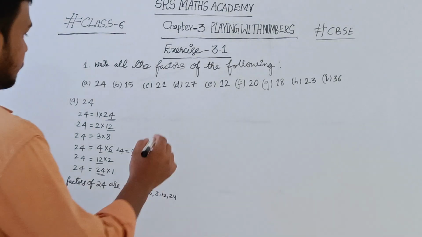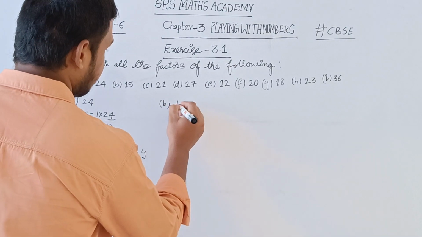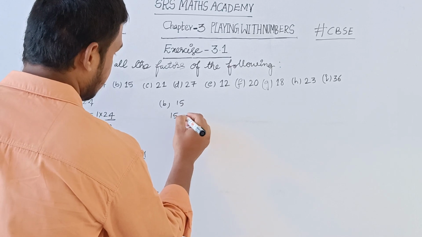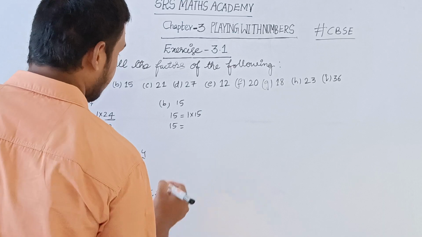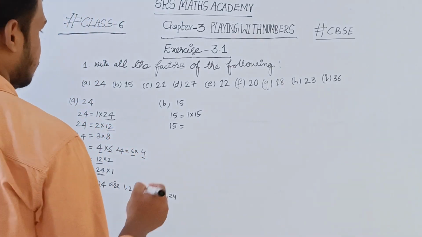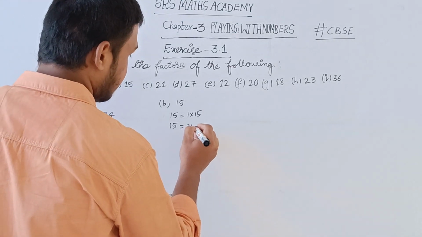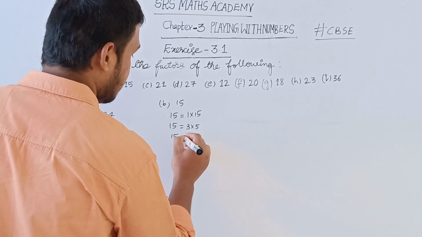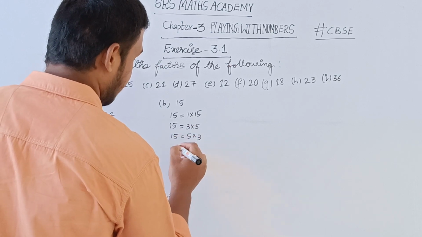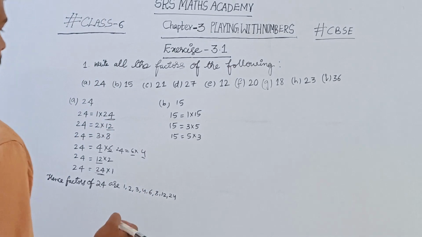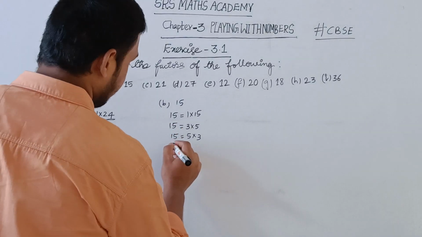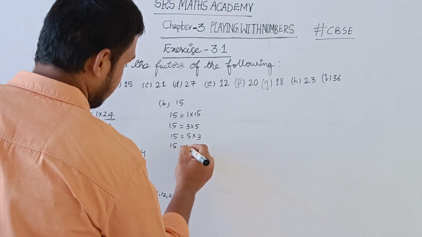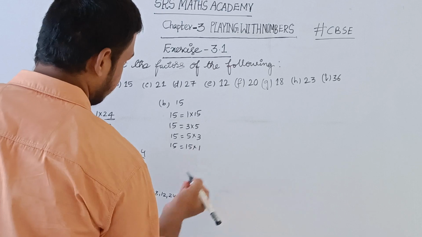The next is B, that is 15. So 15 factors equal to 1 into 15, and 3 table, 2 table not counting, 3 table, 3 5s are 15, and 5 table, so reverse, 5 into 3, and 4 table also not counting, and 6 table, 7 table, 8 table, 9 table, 10, 11, 12, 13, 14, again we come to 15 table only, so that is 15 1s.